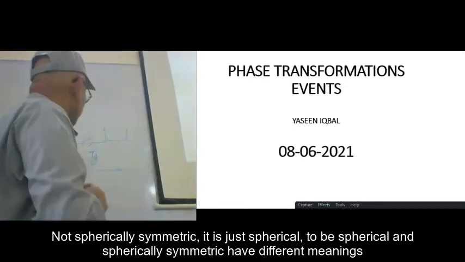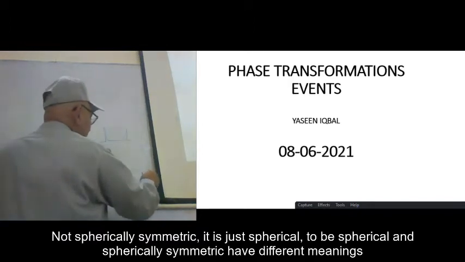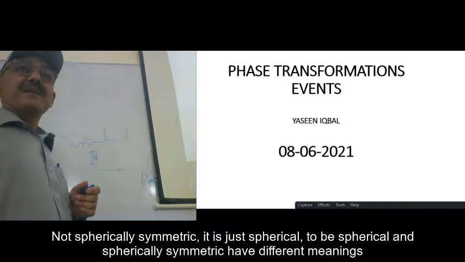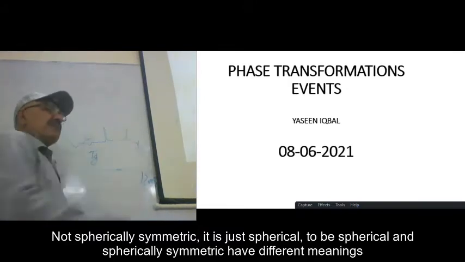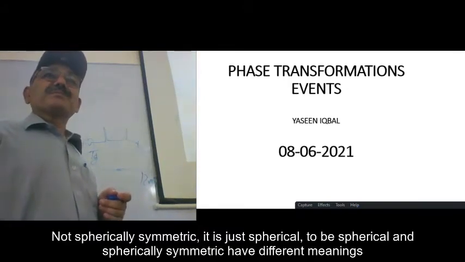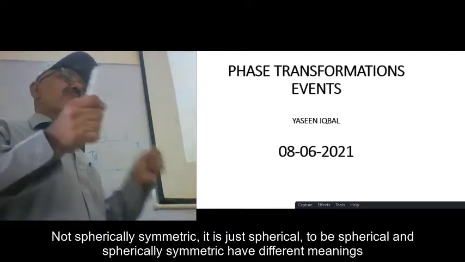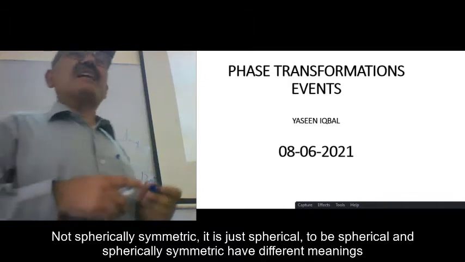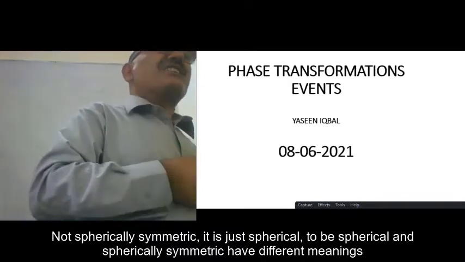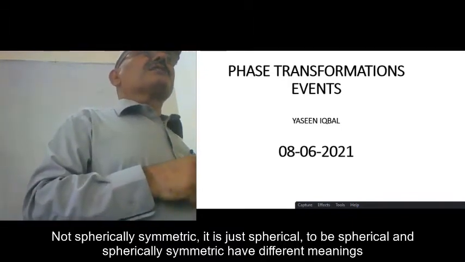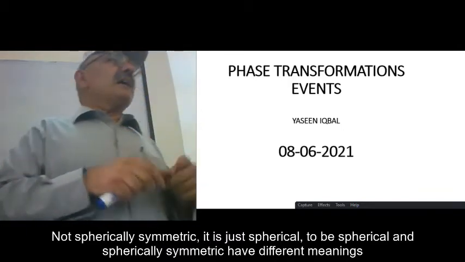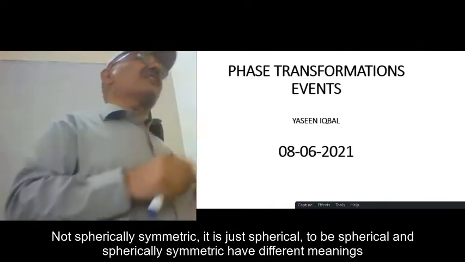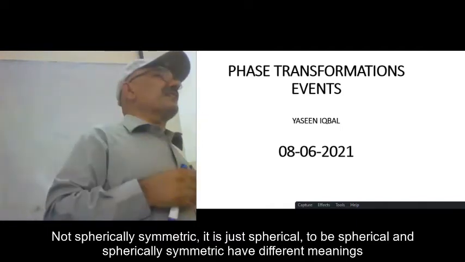Now, this is 1200 degrees centigrade, for example, right? I completely melted the material at this temperature, complete melting and homogenization. This part is for Muhammad Ali. Complete melting and homogenization are two different things.